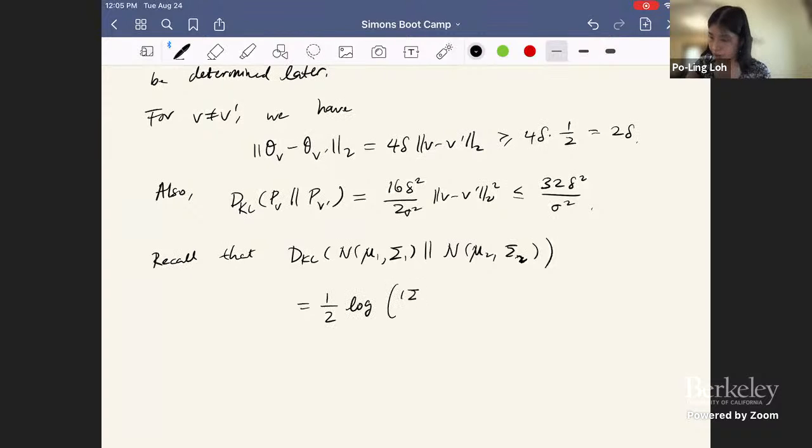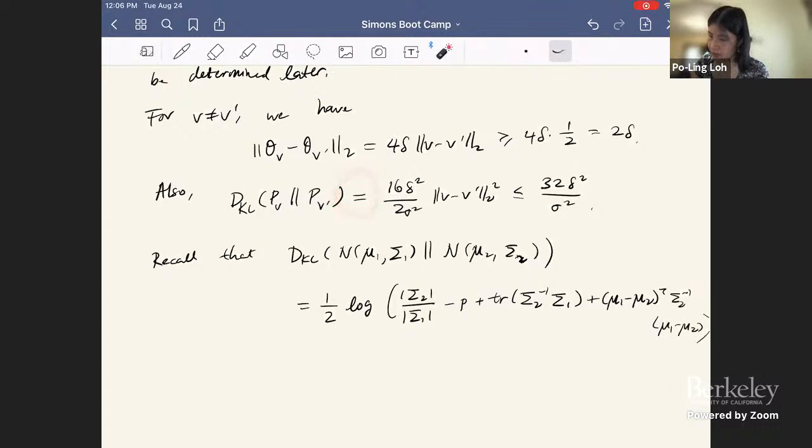This is the log of the determinant of sigma 2 over sigma 1 minus p plus trace of sigma 2 inverse sigma 1 plus mu1 minus mu2 transpose sigma 2 inverse times mu1 minus mu2. Okay, so to get this equality here, we're really just plugging it into this more general formula.